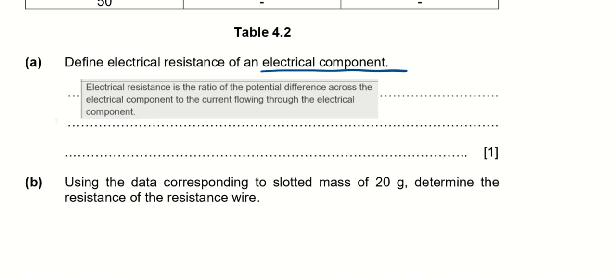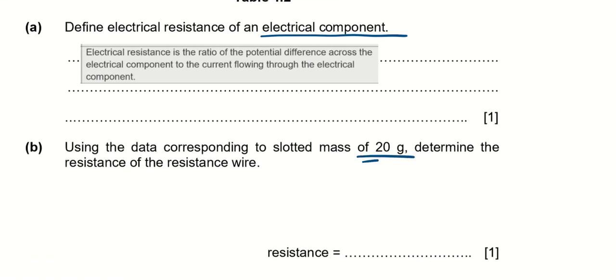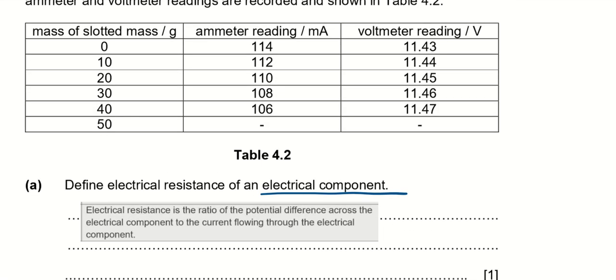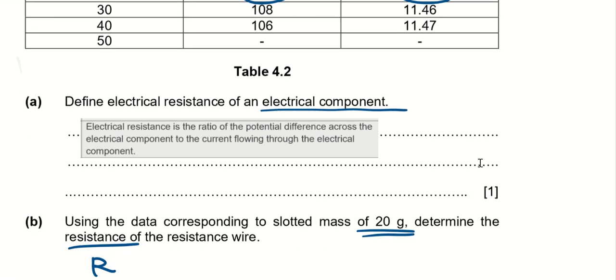Now, using the data corresponding to slotted mass of 20 grams, this is important. Later we look at the data for 20 grams. Determine the resistance of the resistance wire. If we look at 20 grams, the ammeter reading is 110 milliampere. The voltmeter reading is 11.45 volts. So this is what you need to take note of in the heading.